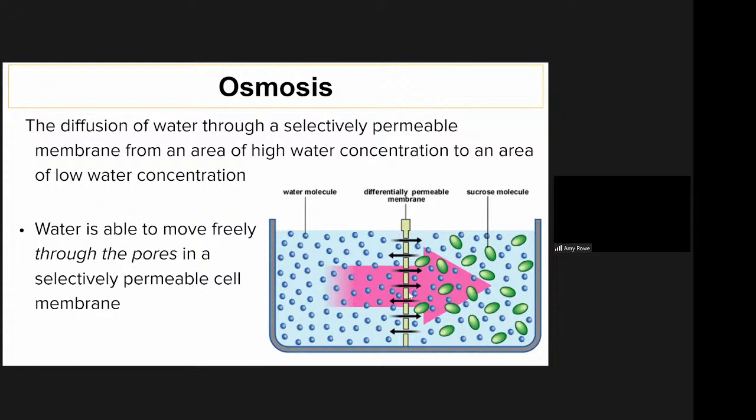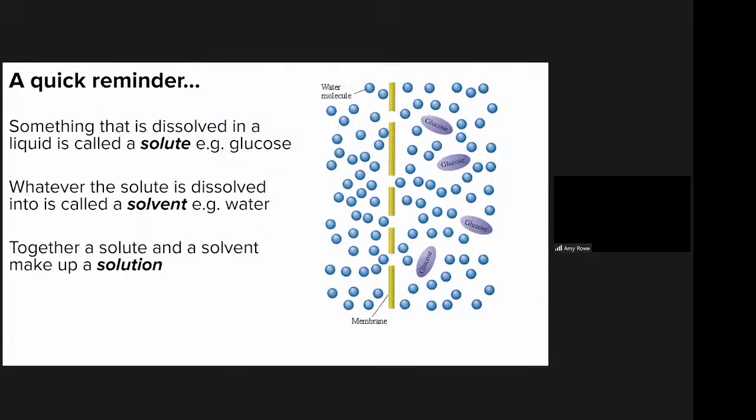The water is able to move freely through the pores in a selectively permeable cell membrane. Just a quick reminder, anything that is dissolved in a liquid we refer to as the solute. So in this case, we have glucose molecules being dissolved in water.